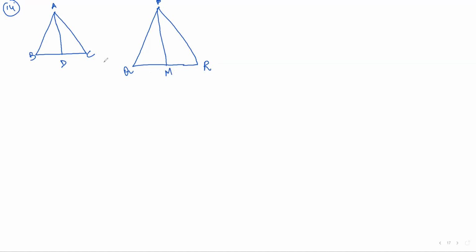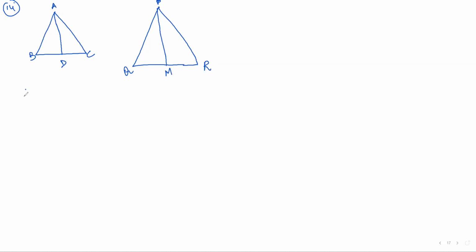So you have a triangle ABC, Sarah. Then there is another triangle, let's take PQR. You have a median also, which is AD, and median PM here. Median means BD is equal to DC and QM is equal to MR, right?